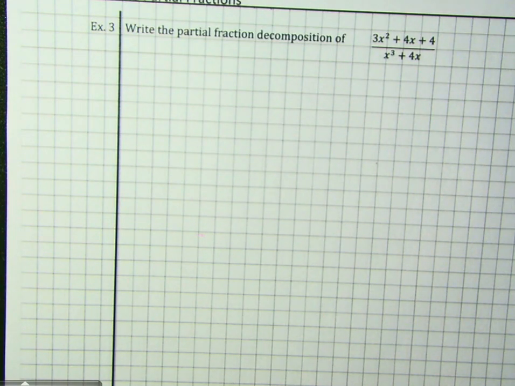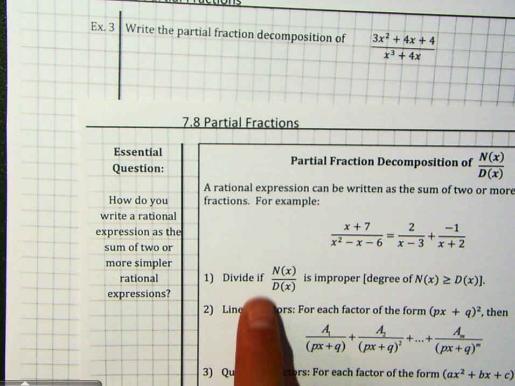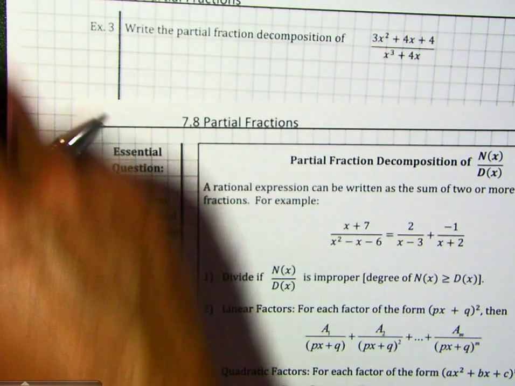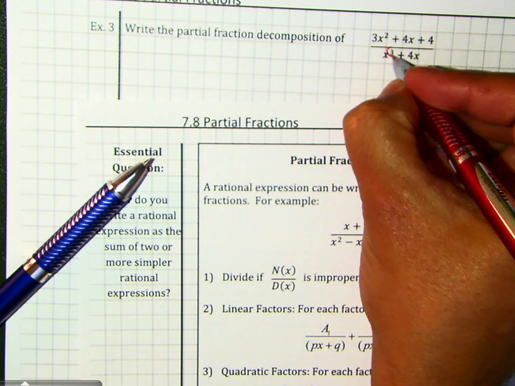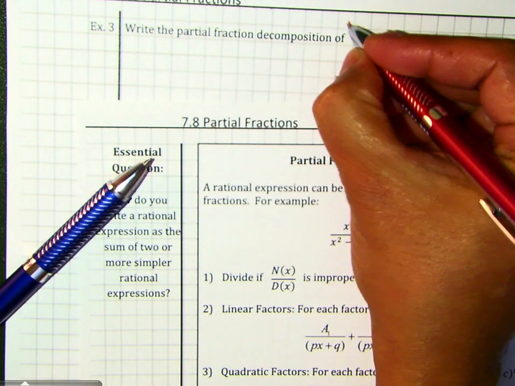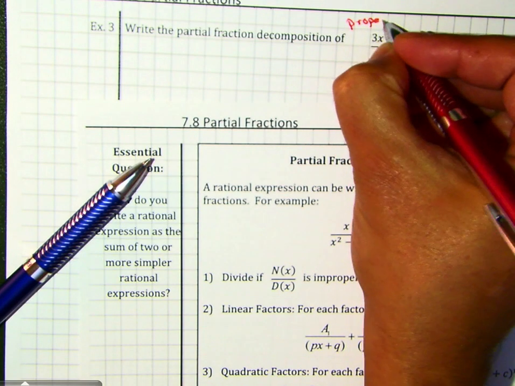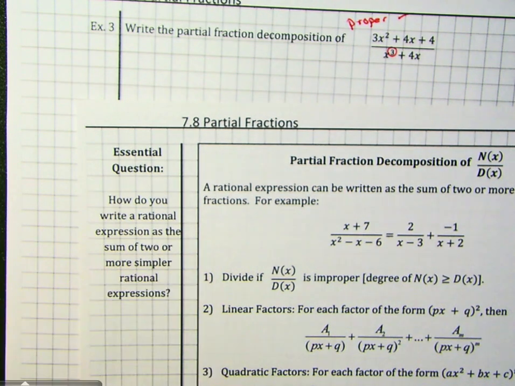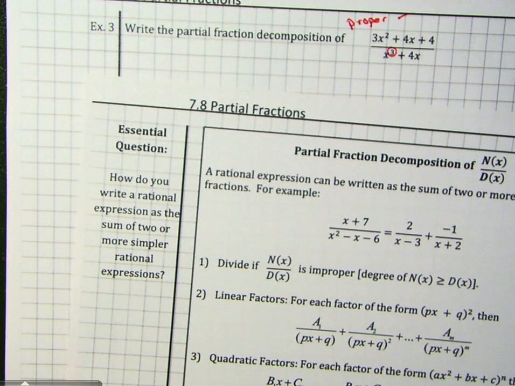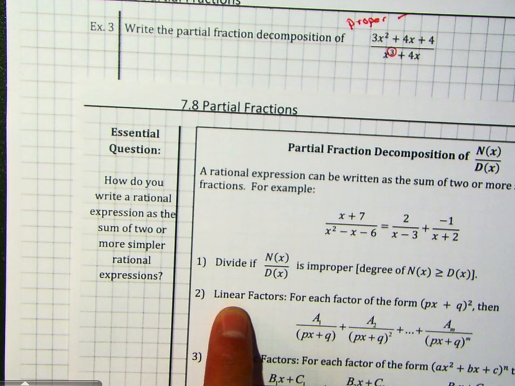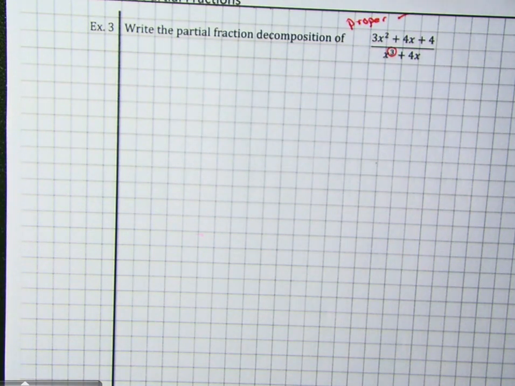Excellent. So in this case, first, we need to make sure that the rules is to decide if this is a proper or improper fraction. In this case, my denominator has the largest degree, so therefore this is a proper fraction. So we can start the process. Then I need to decide whether they're going to be linear or quadratic factors.